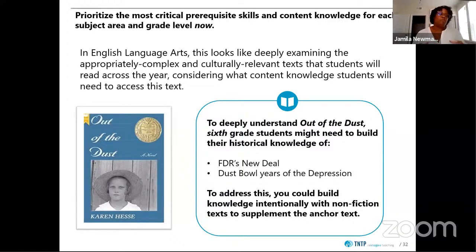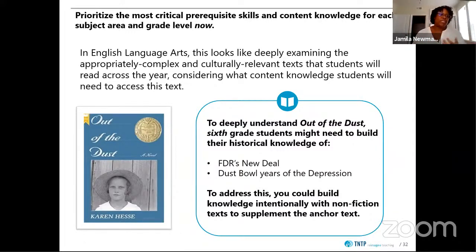And I want to give them more time with this content before it's delivered in class. So I could take those 8 to 10 students and preview Out of the Dust with them. I might begin reading the text with them in advance and asking them questions, getting them used to the vocabulary, the cadence of the text, the characters, the setting, etc.